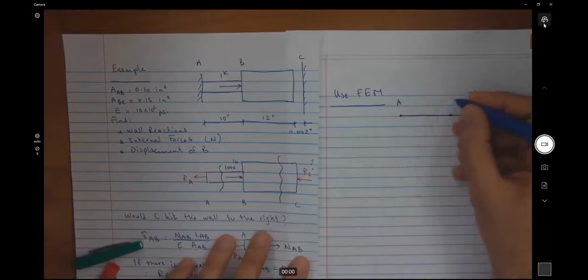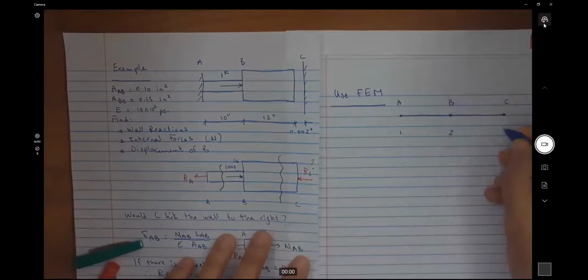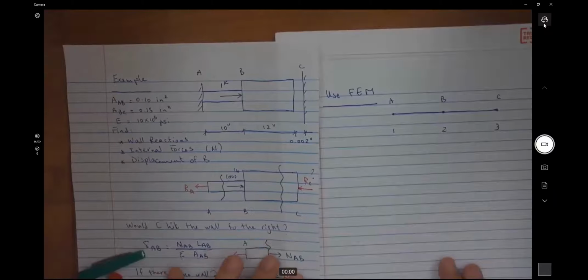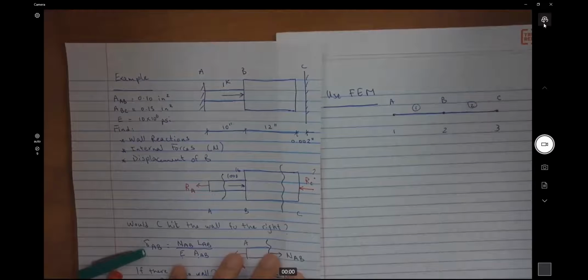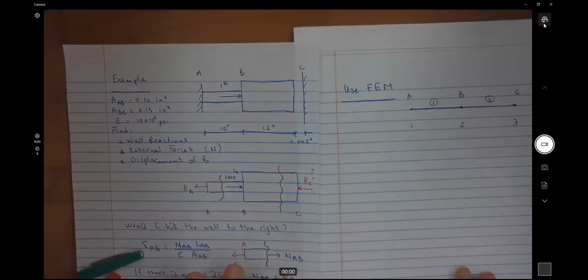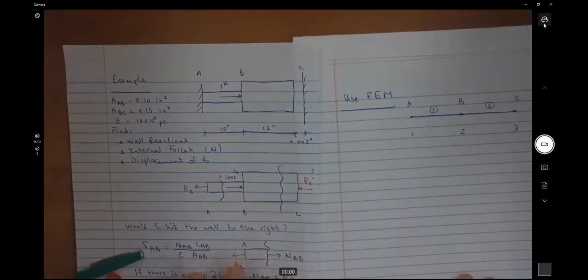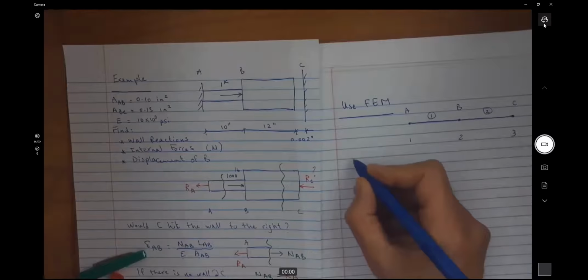So if this is A, B, C, I'm going to give it the numbers 1, 2, and 3. I'm going to call this element 1, and I'm going to call this element 2. So element 1 is between 1 and 2, 2 nodes, and element 2 is between 2 and 3. Now I'm going to start by writing the element stiffness matrices.